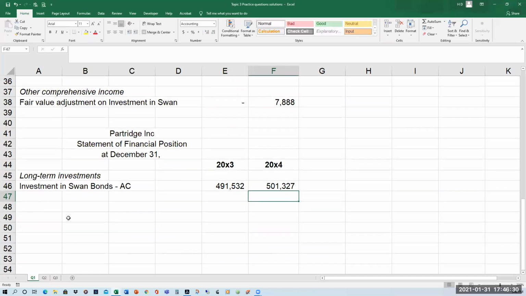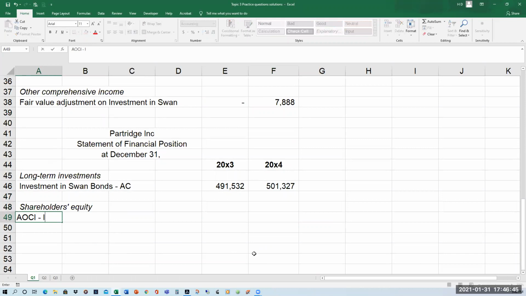And in addition, on the balance sheet in the shareholders' equity section, we will report the accumulated other comprehensive income, investment in Swan bonds.